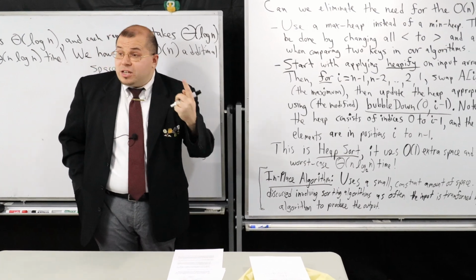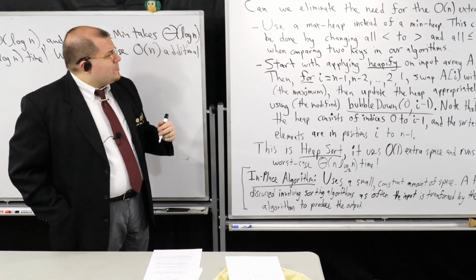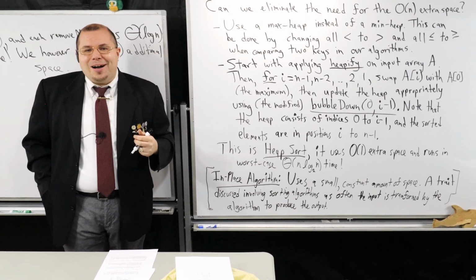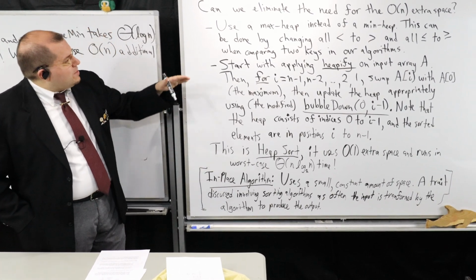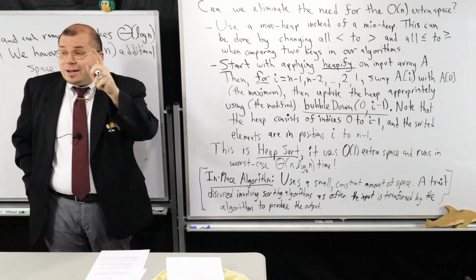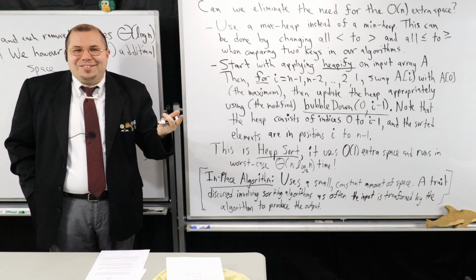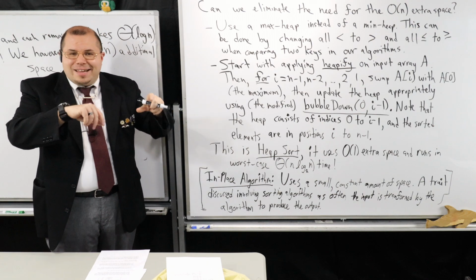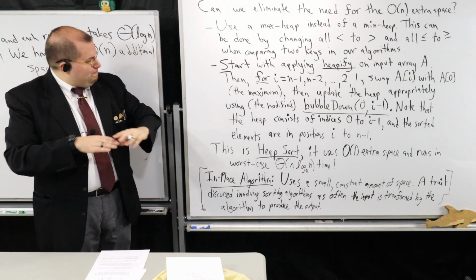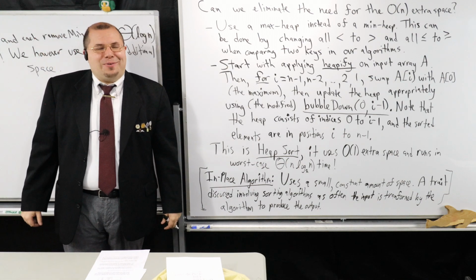The first thing you might point out and say, Dan, we never talked about max heaps up to this point, so why do you want to talk about a max heap? First, I'm going to suggest we use a max heap instead of a min heap. And the great thing about this change is all it requires you to do is take all those less thans and turn them into greater thans, and all the less than or equals, turn them into greater than or equals. The pseudocode doesn't change any other way.